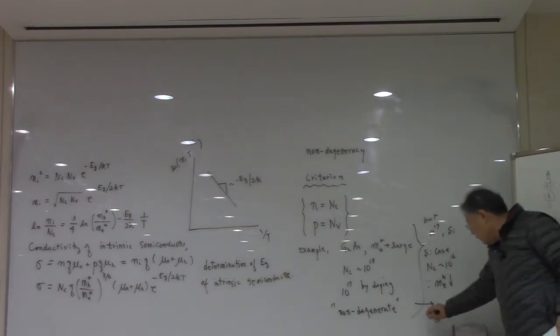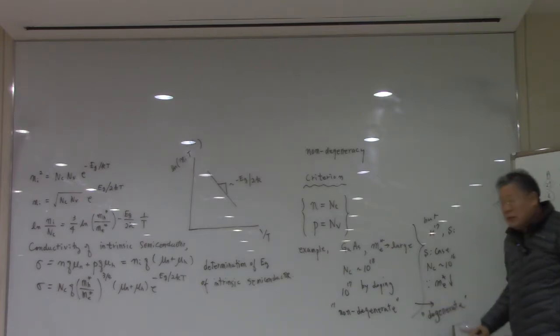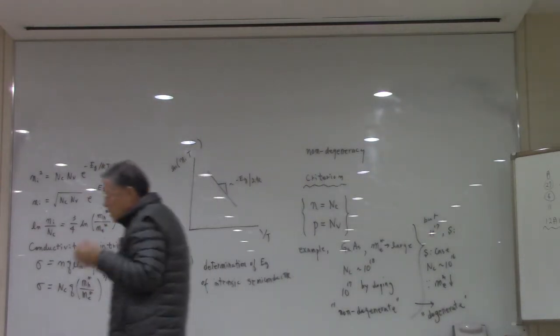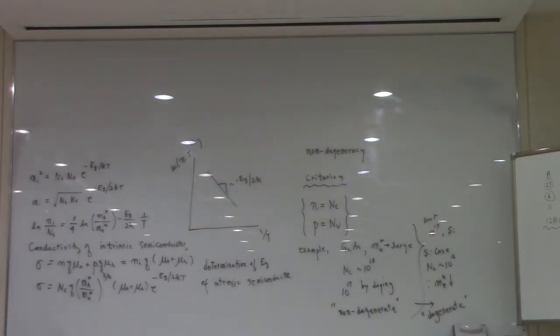This degenerate semiconductor means it's a metal. You're going to have electrons in the conduction band, as the Fermi energy is located inside the conduction band. All right?